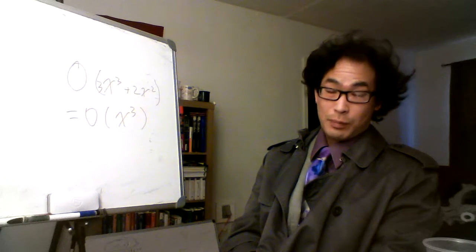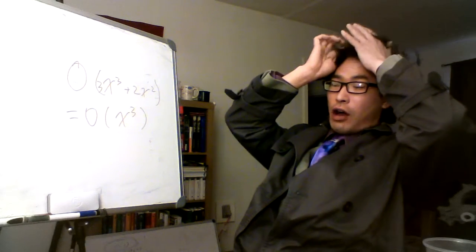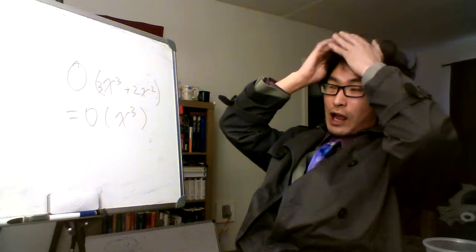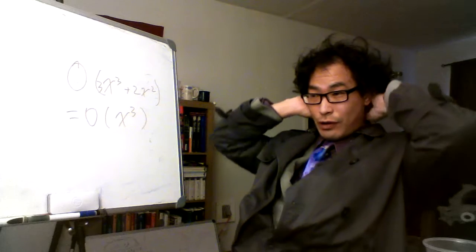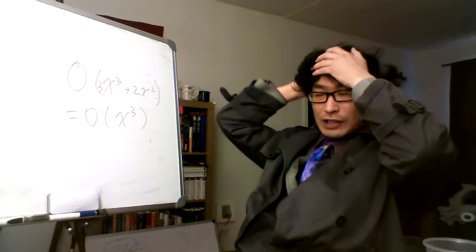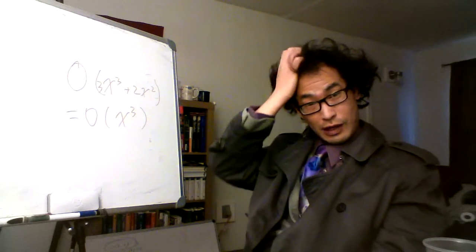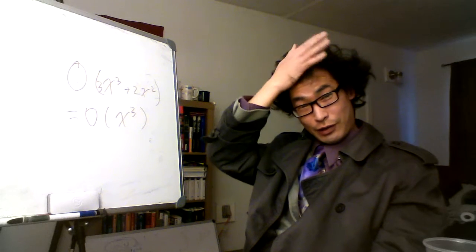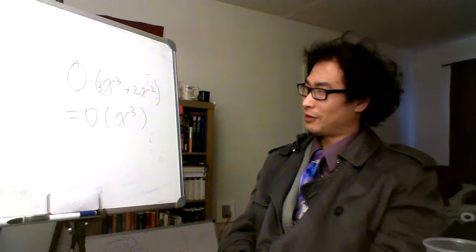Some programmers are smarter than other programmers, so they come up with faster computing algorithms. Some algorithms are slow, some algorithms are faster. That's the efficiency of a computer algorithm. Oh my goodness, I'm exposing my bald spot right here. Whatever.